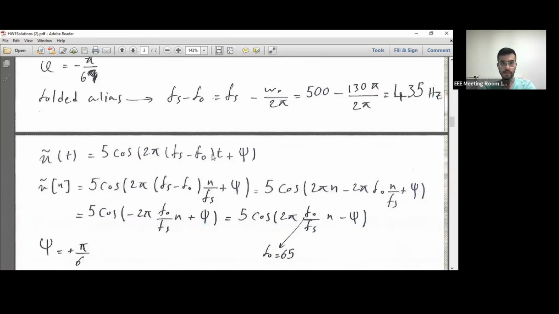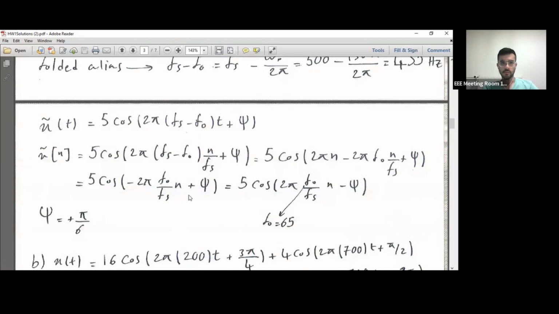So we need to replace it as here. As you can see, this is here. So t equals n over fs. Then we need to do the calculations here. At the end, what remains is this signal, f0 over fs.